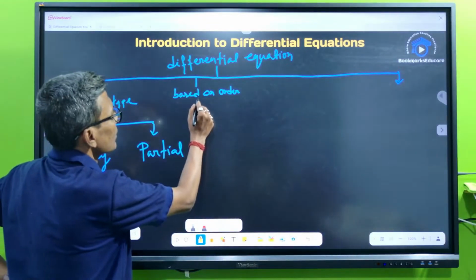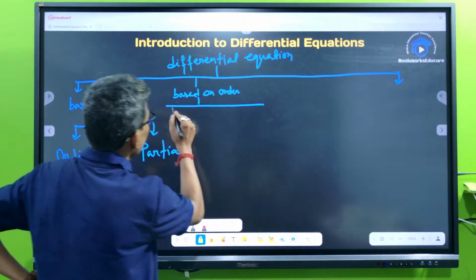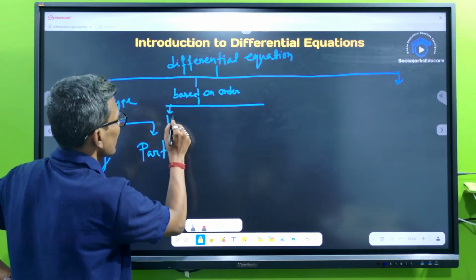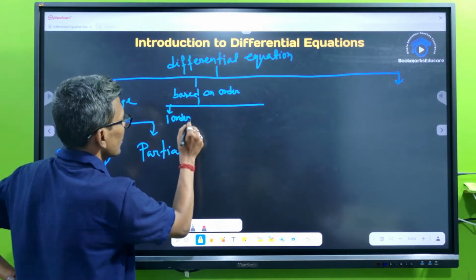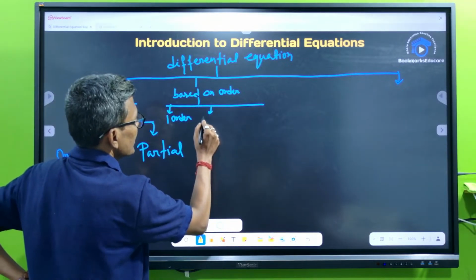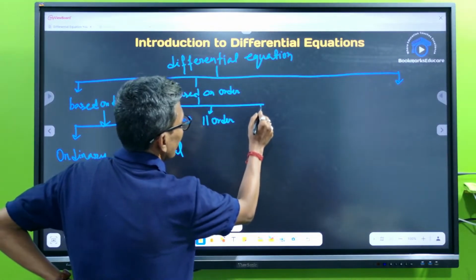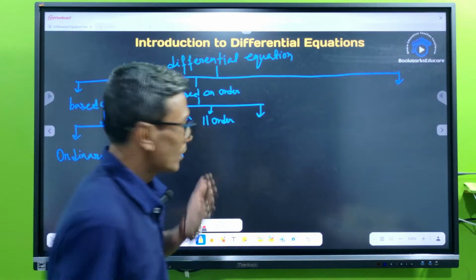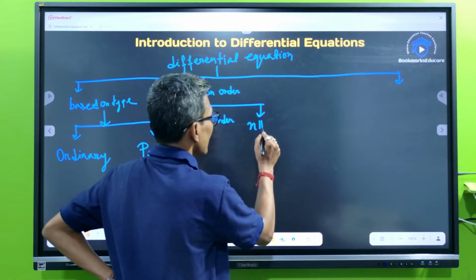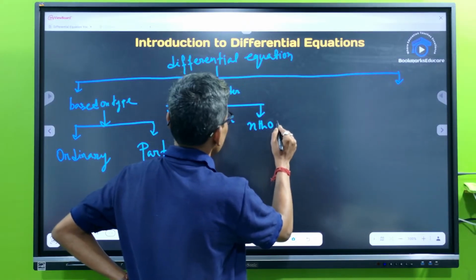One is first order derivative, second is second order derivative, and third one is nth order derivative.